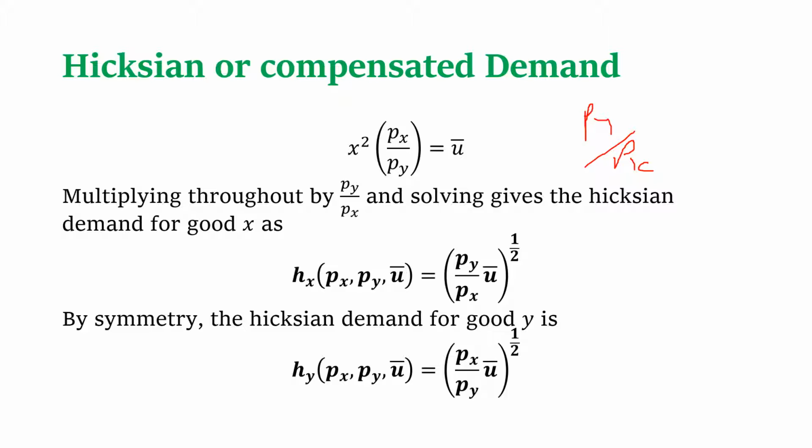You have u bar times py over px, and that equals your x squared. But we don't want x squared, right? All we need to do is to raise this part to the half, and then this whole part to the half.